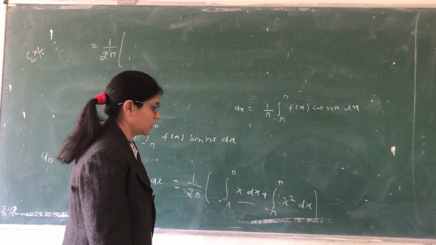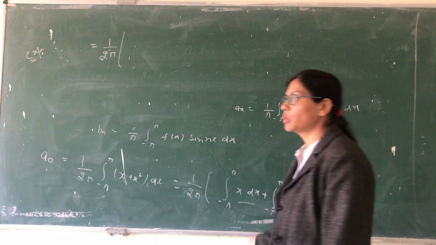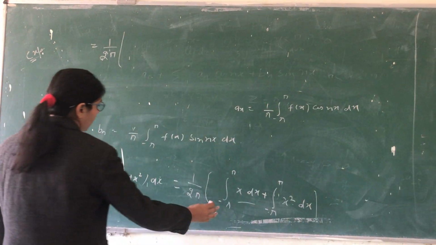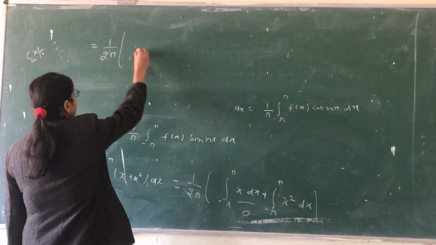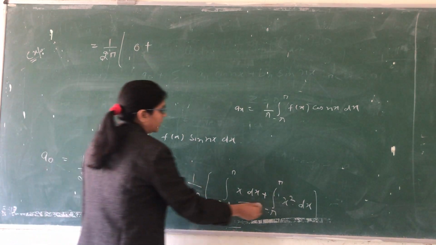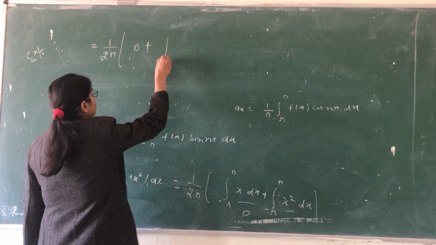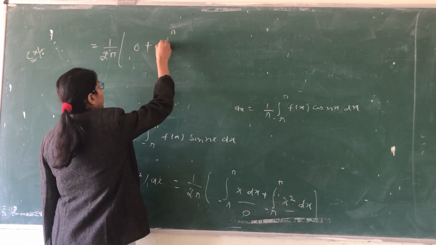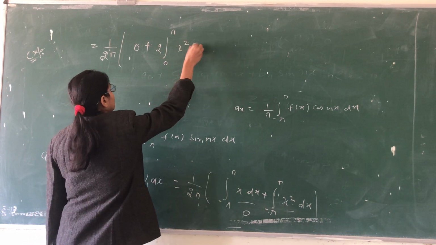Here x is an odd function क्योंकि x equals to minus x put करेंगे ना. This is an odd function. So using the odd function property, this integration is 0. And x square is what? X square is an even function. So this integration becomes twice times 0 to pi x square dx.